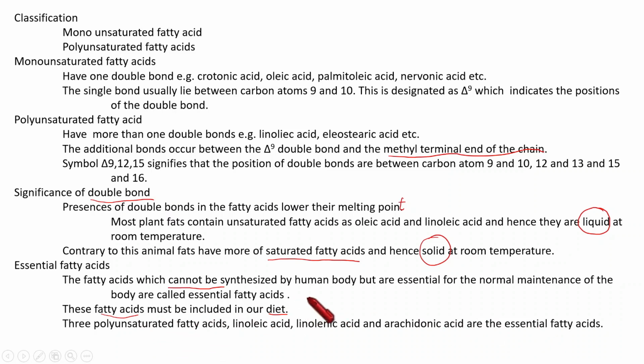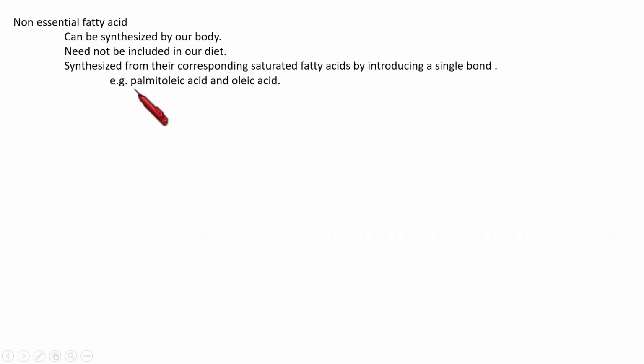Okay, then what about non-essential fatty acids? Essential fatty acid means it cannot be synthesized in the body. Then non-essential means it can be synthesized in our body, so we don't need to supplement it or add it to our diet. And how is the body synthesizing these non-essential fatty acids?